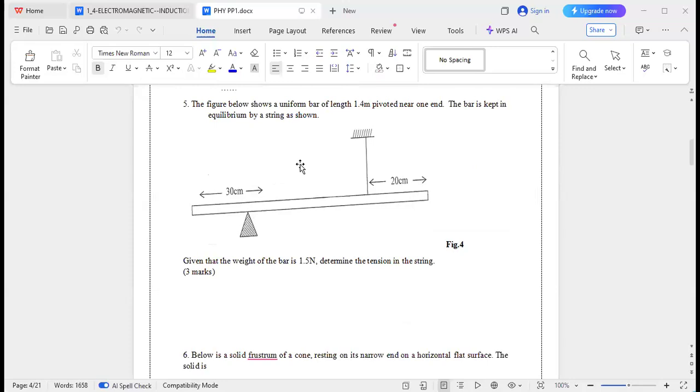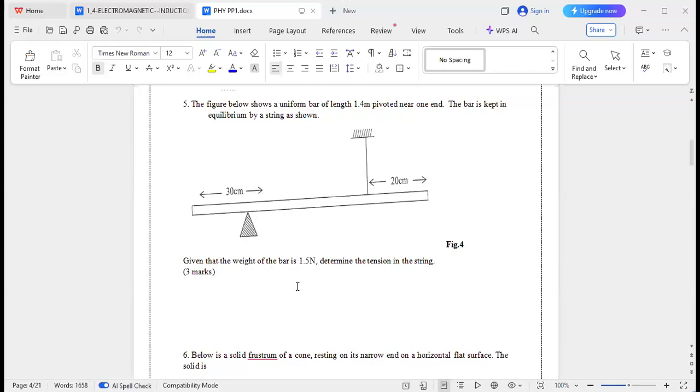I think the bar is a bit skewed, but we follow what we're being told. When you look at it, it may not be flat, but it's in equilibrium. Given that the weight of the bar is 1.5 newtons, determine the tension in the string.